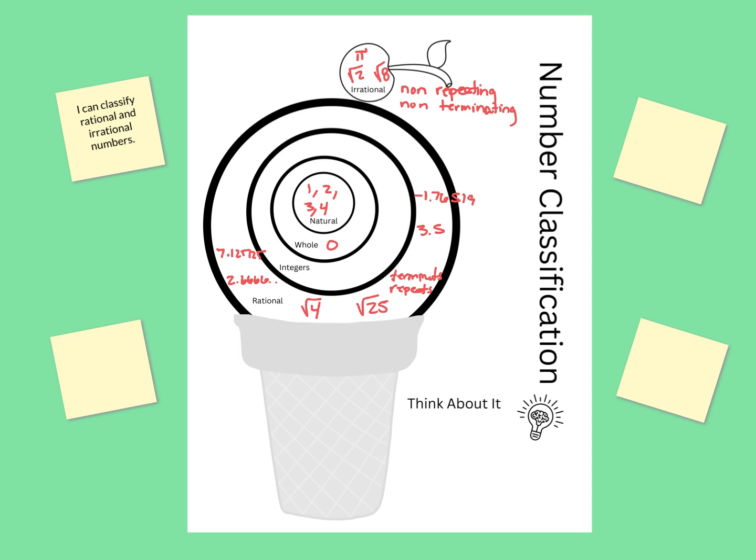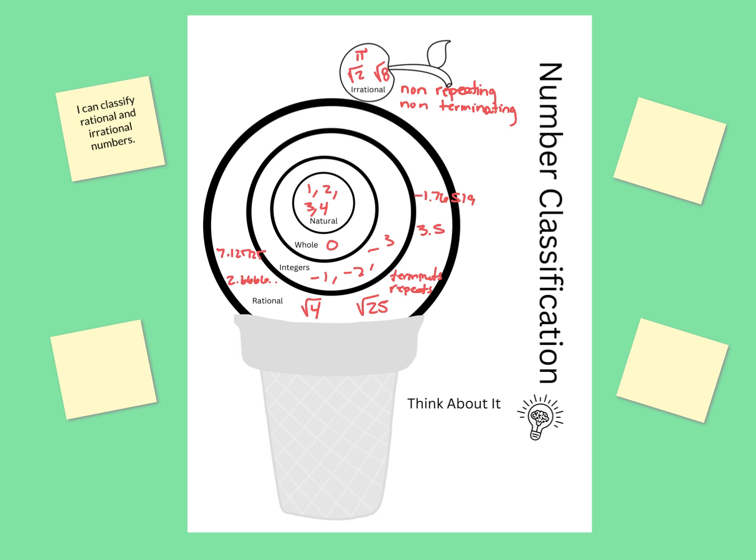And then integers are all those things, but it also adds the negatives, like negative 1, negative 2, negative 3, and so on. So integers are negative numbers, but integers are also 0, and they're also 1, 2, 3, 4, and all the natural numbers. So these kind of build on each other, and we get more and more specific.